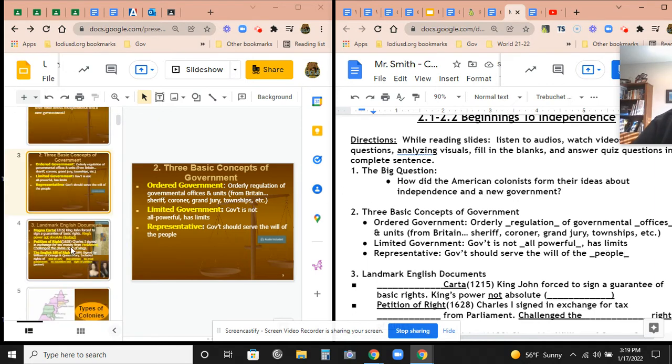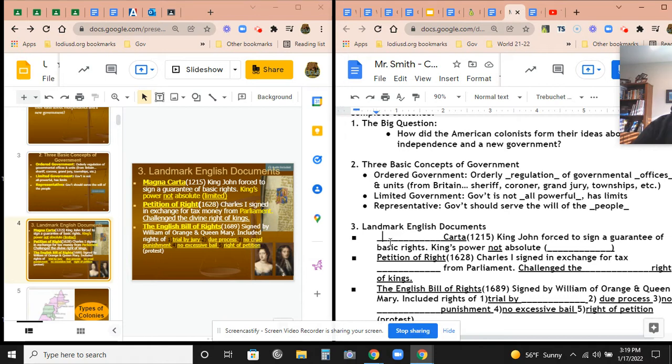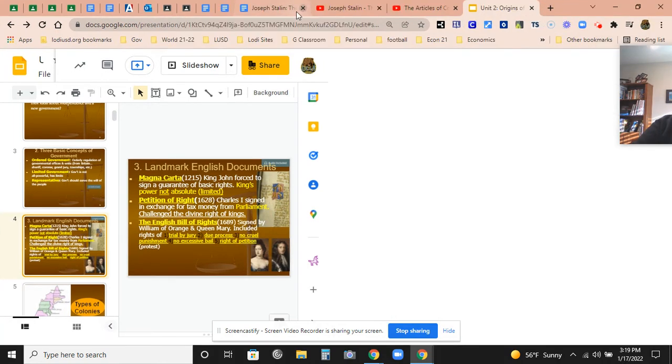Okay. There's three main and all-powerful English documents: the Magna Carta, the Petition of Rights. Let's go ahead and talk about each one, then we'll come back and fill in the blanks.